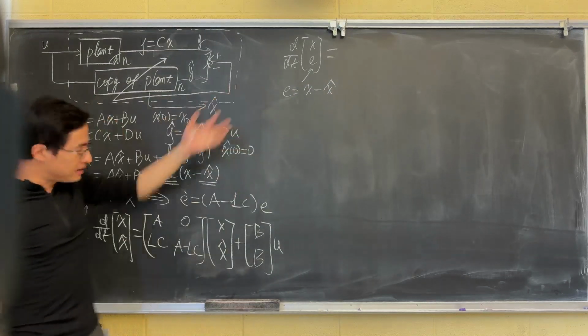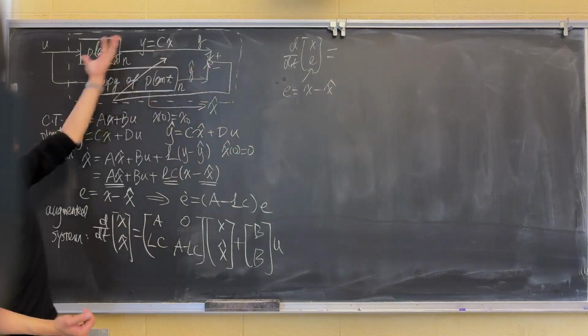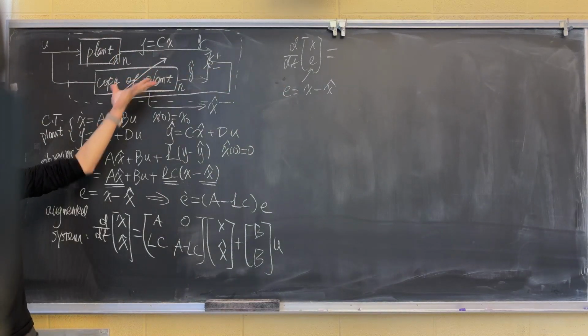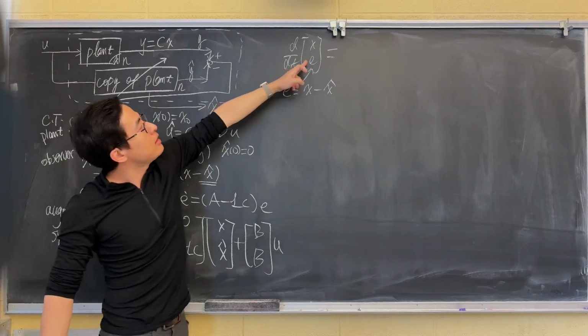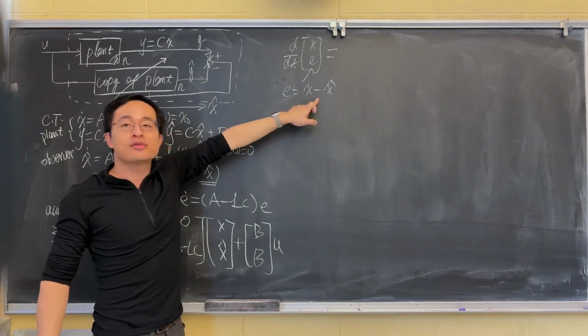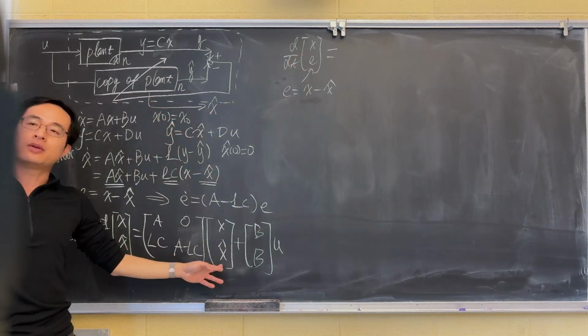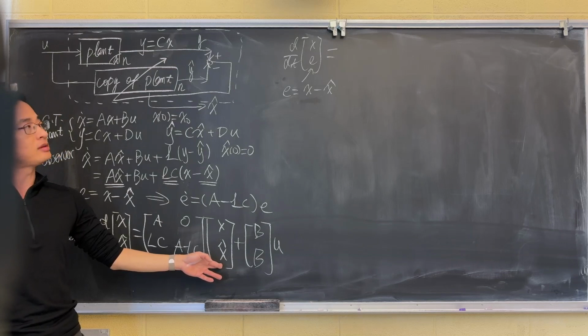You can see that this is also a way to select the state variables for this entire system, because this set is a linear transformation from the previous state variable choices.